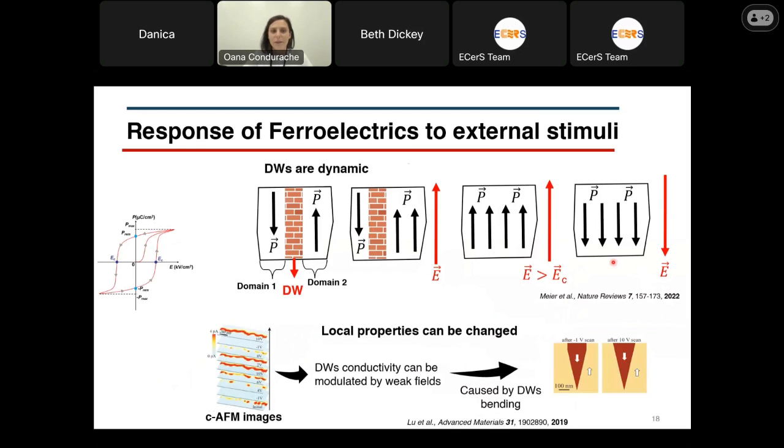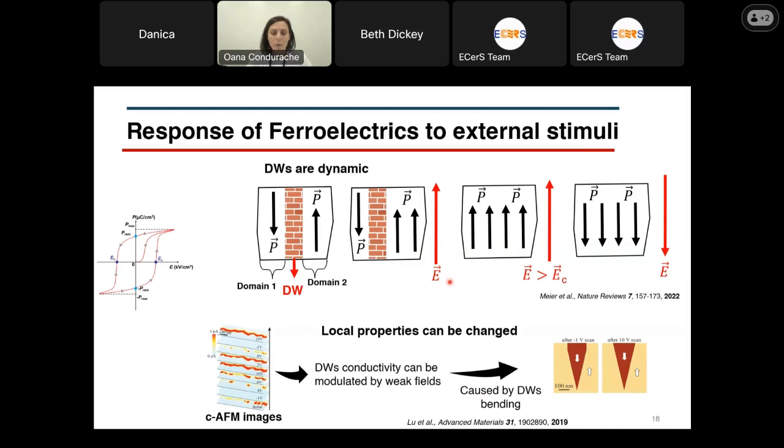But what gives functionality to ferroelectrics is how they respond to external stimuli. In a simplistic way, when we apply an electric field to a ferroelectric, it is considered that domain walls will move as a consequence of polarization switching. And in most cases this happens.